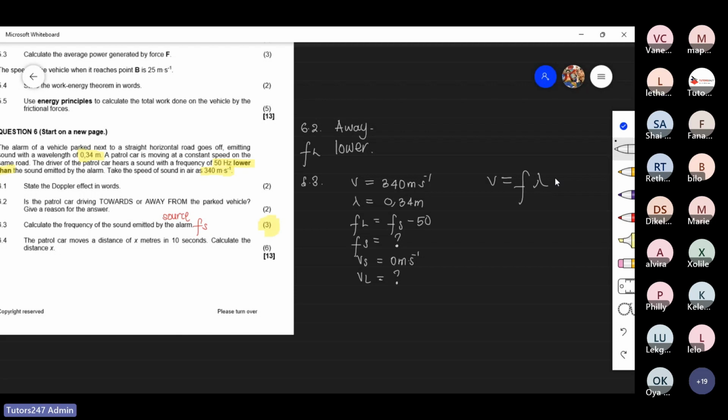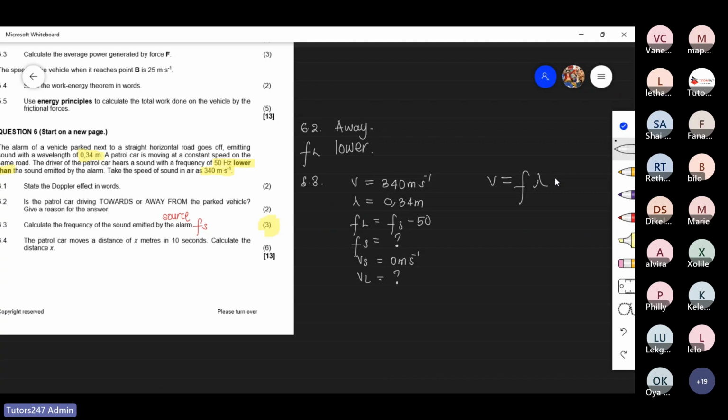This is an equation you were introduced to in grade 10 when you first started physics, and it is at the back of your question paper. That v represents the velocity of the wave, f the frequency of the wave, and lambda the wavelength of the wave.